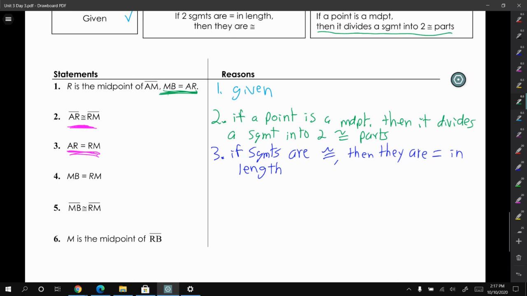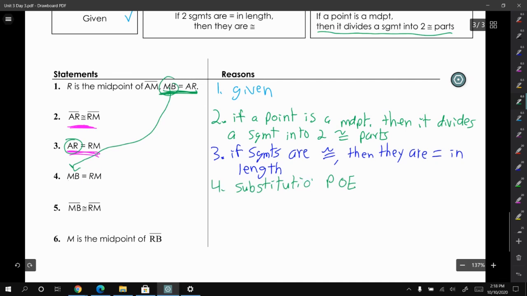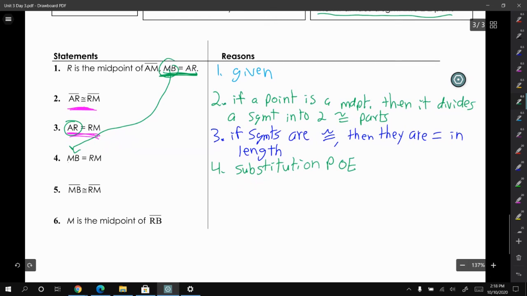We're taking AR out and plugging in MB. So this is the substitution property of equality. Okay, so now that they have equal measures, we know that they are congruent.